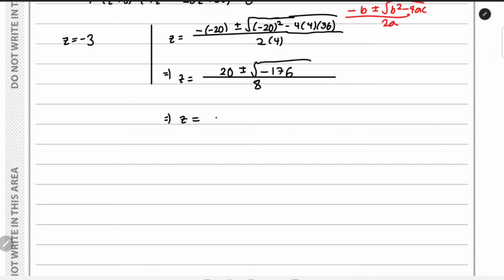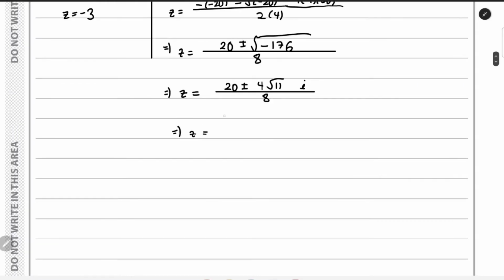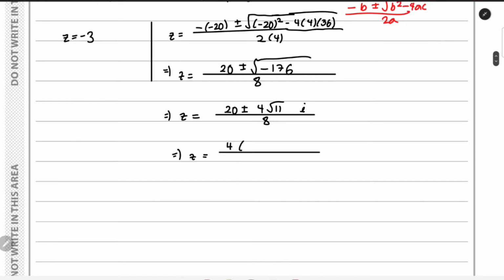Now I can write down root over minus 176 as 4 root 11 i, divided by 8. I can take 4 common in the numerator. I have 4 times 5 plus or minus i root 11, divided by 8.